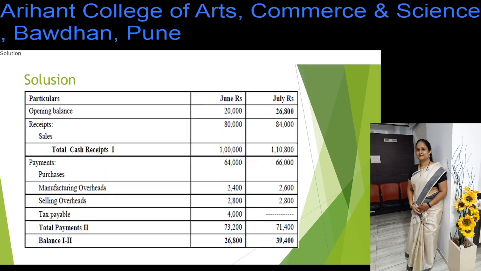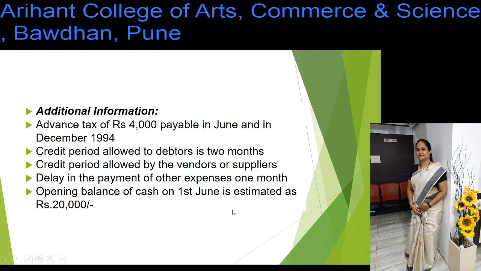So tax payable in June, write down 4,000. So this adjustment is considered. Then credit period allowed is considered, and the opening balance is considered. So we have posted all these columns and considered all the adjustments and additional information.